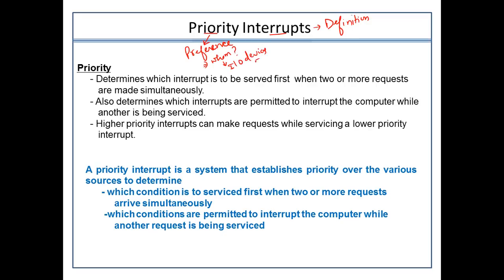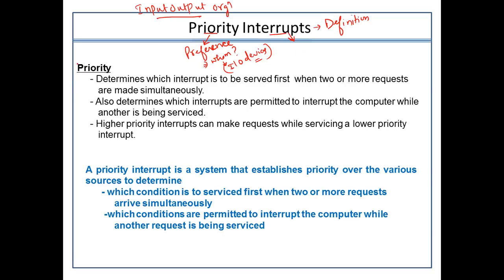IO devices are the external agents who want to take the assistance of the processor in order to do some operation. That's why the chapter is about input output organization, and we are describing these IO devices. Interrupt means that when they want assistance, they want to be taken care of, and whatever they want from the machine should be handled.